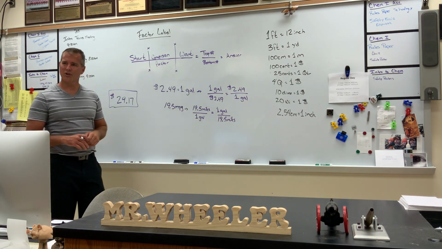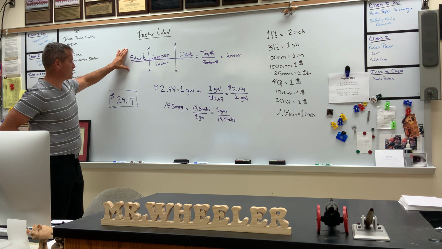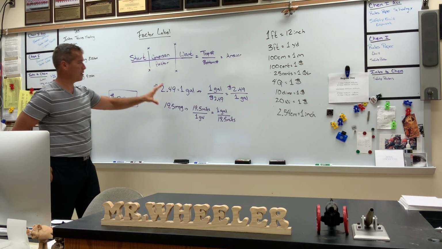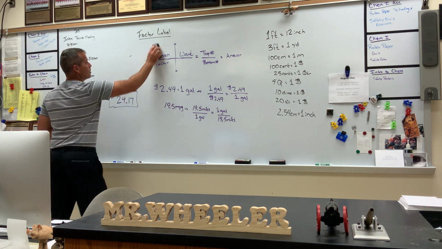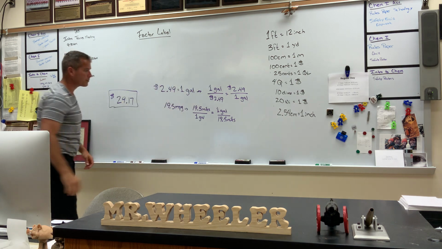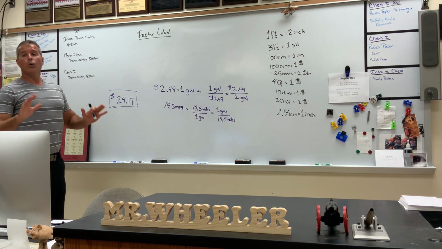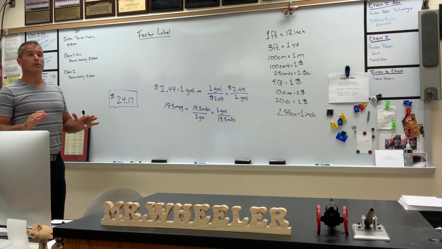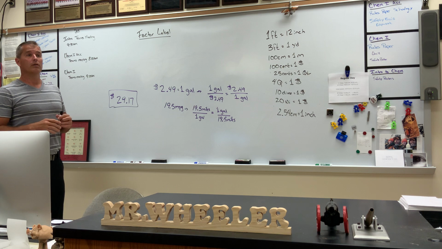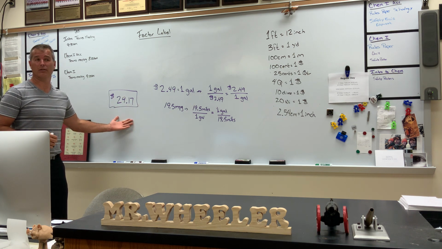So we have a couple conversions up here now. I'm going to erase this so we can do our math. What's the only number up here I can start with? Yeah, the money. It's the only one that's not a conversion factor.